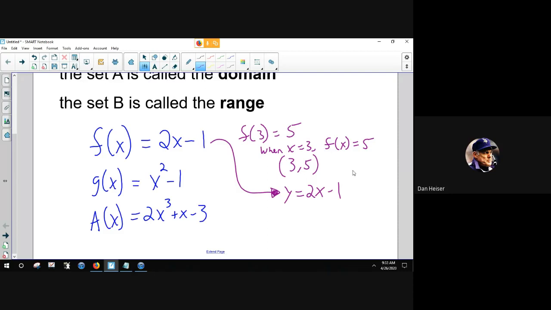I can take this ordered pair, x y, and I can write it as x, f of x. That's really what a y value is. It's a function value. When I plug this into the function, I get the value of f of that function. If any of this is still confusing, make sure you post some questions.